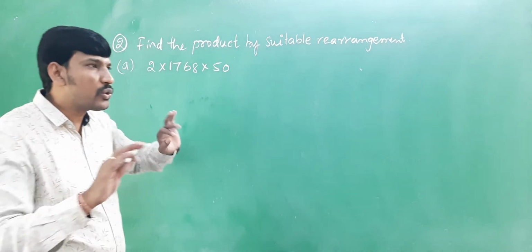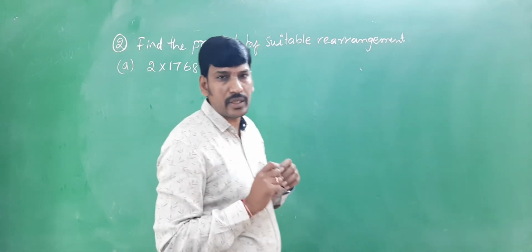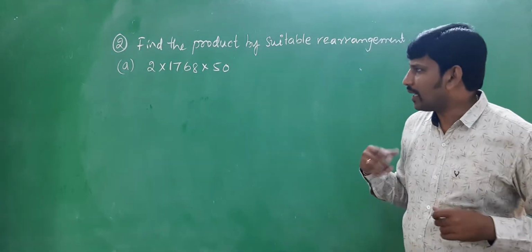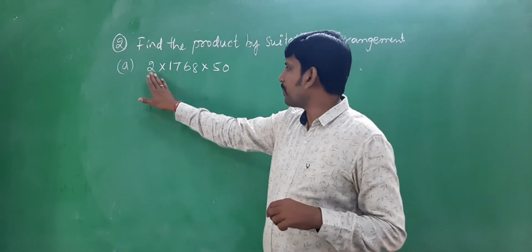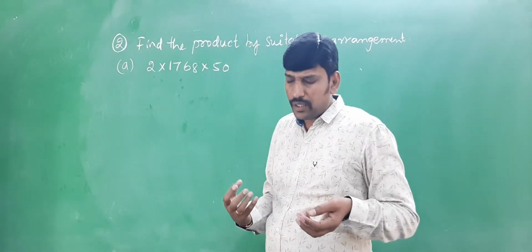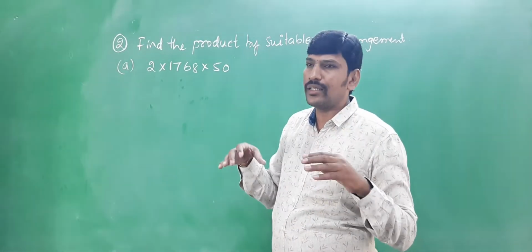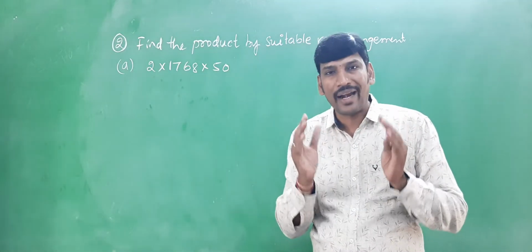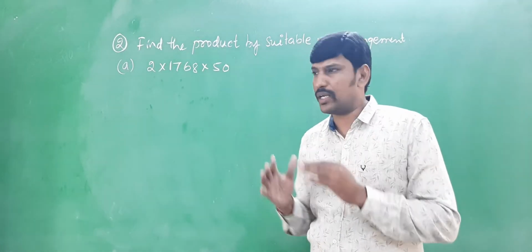Now, which two values are we going to multiply first? If you multiply 2 into 1768, you won't get a multiple of 10. Our motto is that either by addition or multiplication, the answer should be in terms of multiples of 10, 100, 1000 like that.